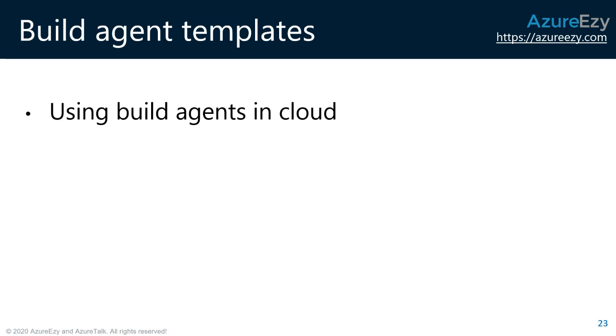That way, your capital investment, which is a major driving factor for many customers to go to the cloud, will be helpful to implement your build infrastructure in your organization. The next thing is infrastructure as code, or pipeline as a code. When you are using infrastructure as code to set up your build environment, it is a reusable thing, right? So if you are setting up your build agent using ARM template, using Terraform, then as long as you need that particular build agent, you can spin it up.